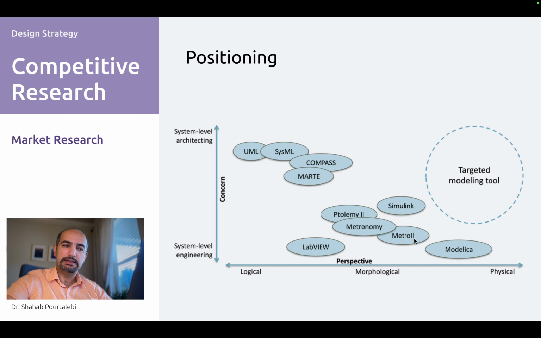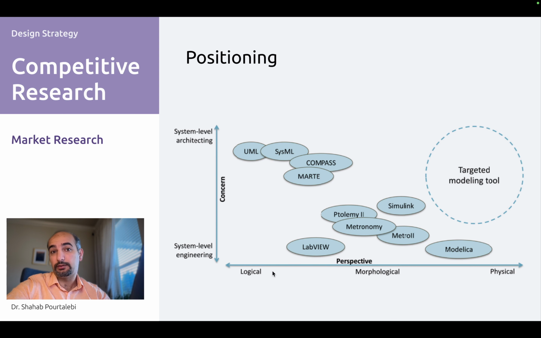And as you can see, they're in a kind of diagonal way. It means that when they try to map or model systems based on their architecture, they go more logical.